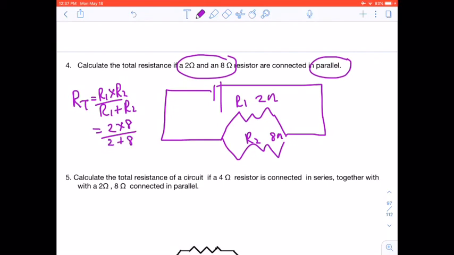Isn't it so? And that would then give us 16 upon 10, which is equal to 1.6 ohms. Right.